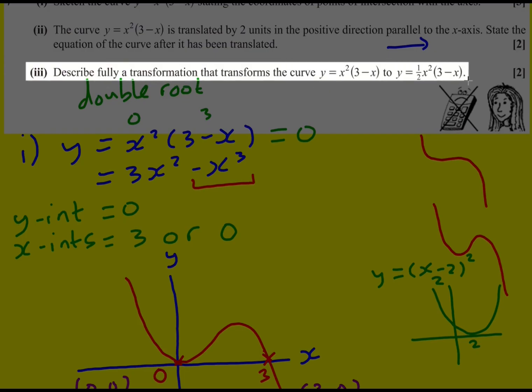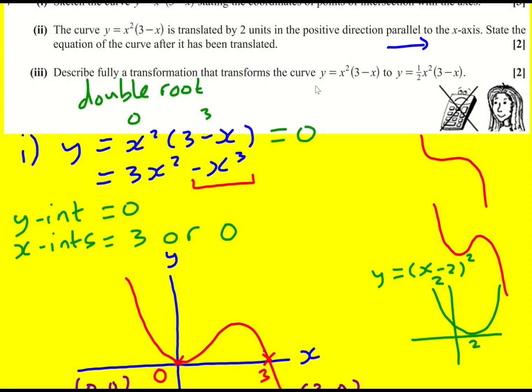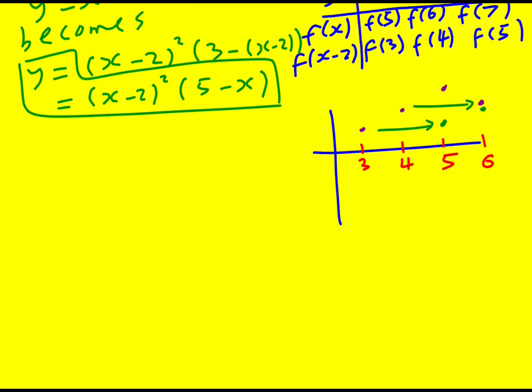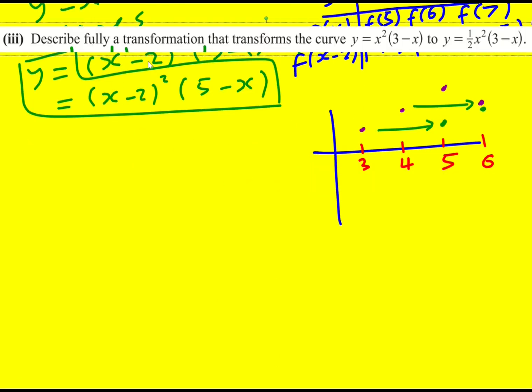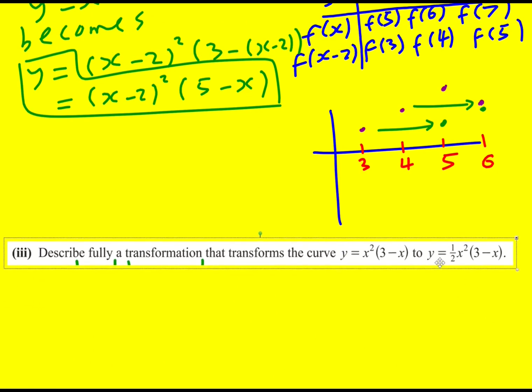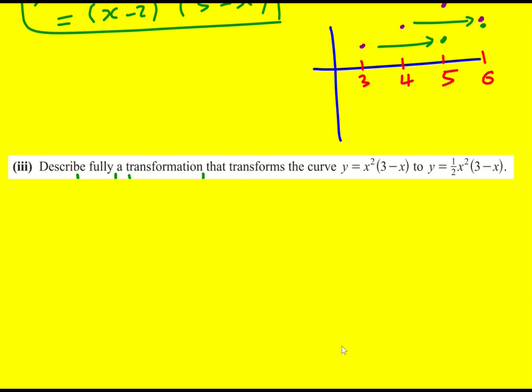Very last bit. Determine fully a transformation that transforms the original curve to y equals a half x squared (3 minus x). Now, if we have our function f of x, it is now going to be the same thing but with a half outside the bracket.